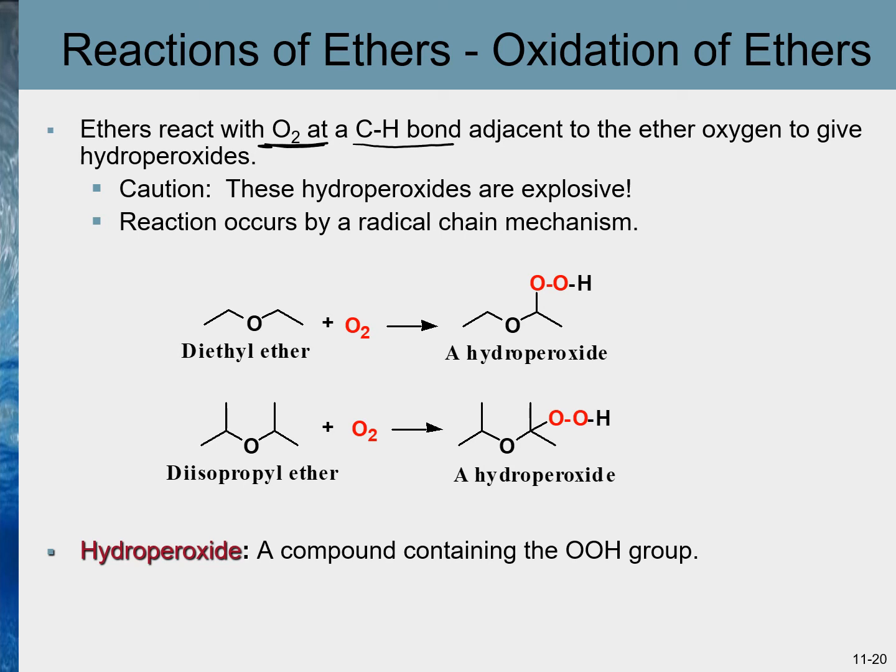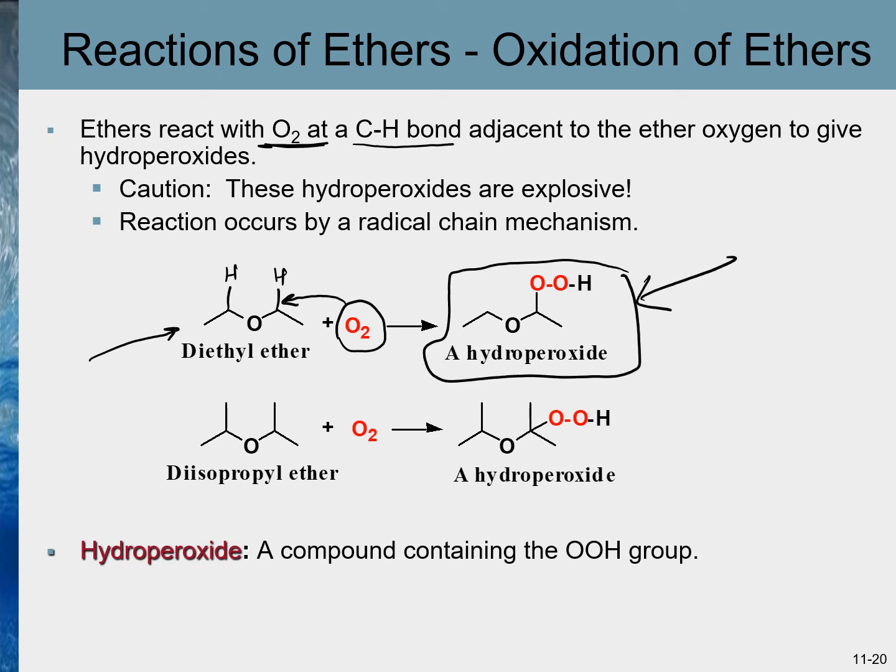For example, in this molecule we have two carbon-hydrogen bonds which are right next to oxygen. In either of these two bonds, the atmospheric oxygen will react and this oxygen will get incorporated in this bond, resulting in formation of hydroperoxides. This hydroperoxide formation reaction follows a radical chain mechanism, and these kinds of compounds are highly explosive.